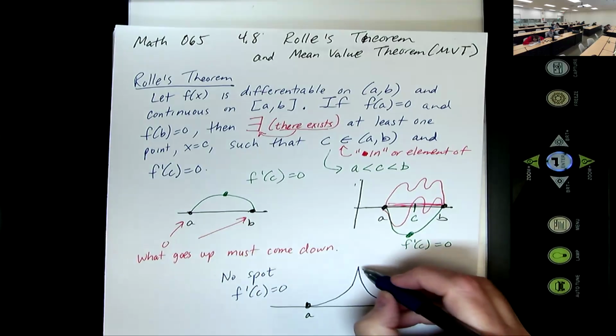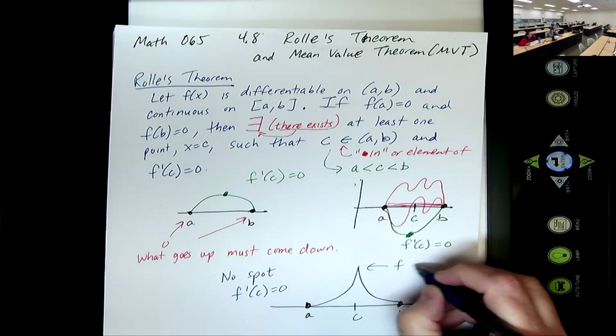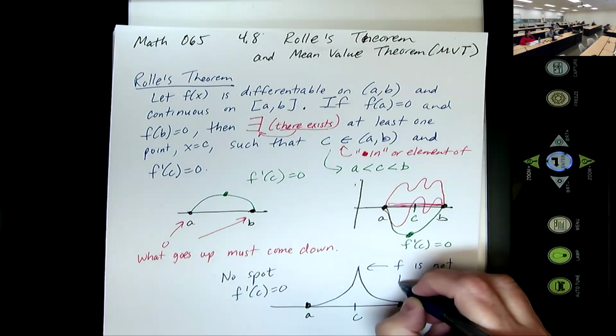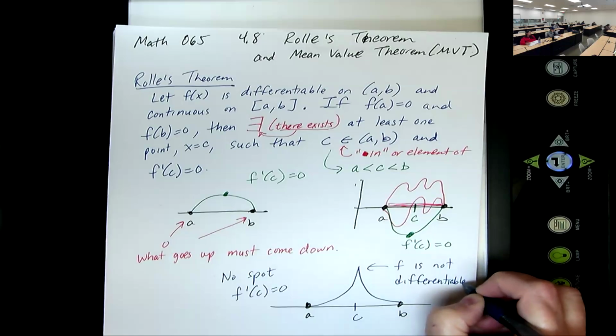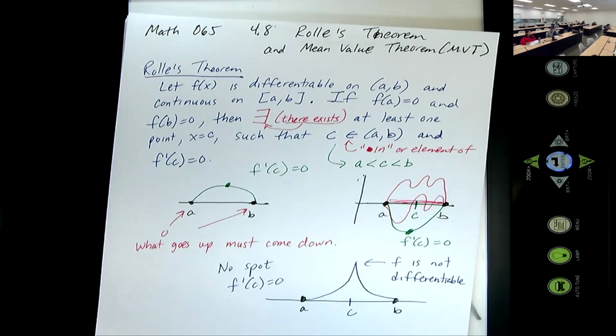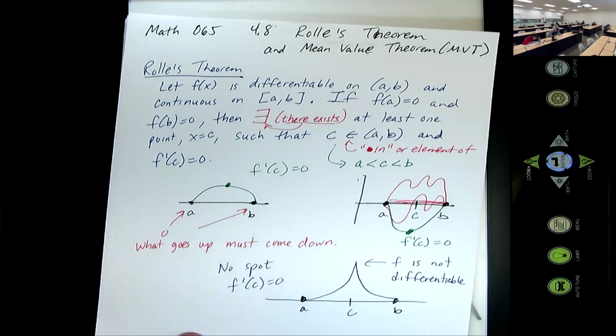But that's because if we call this C, f is not differentiable here. It's a cusp. And we showed with absolute value and stuff that doesn't work. So that graph breaks the requirement that f of x has to be differentiable. That's why we include that.